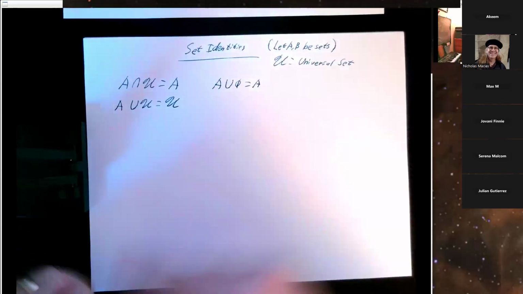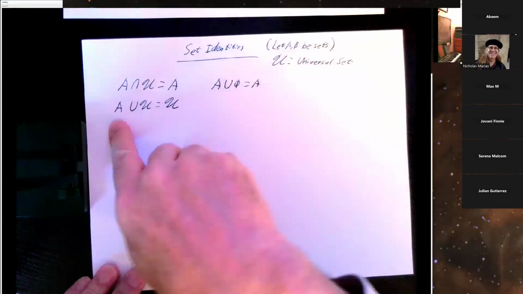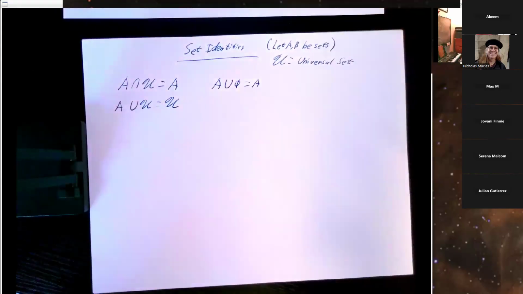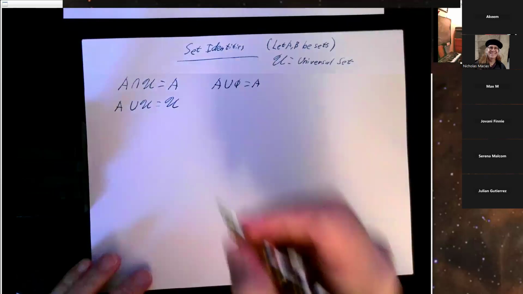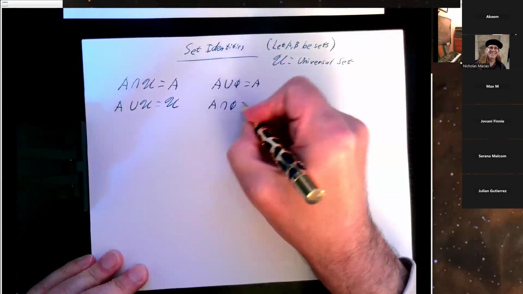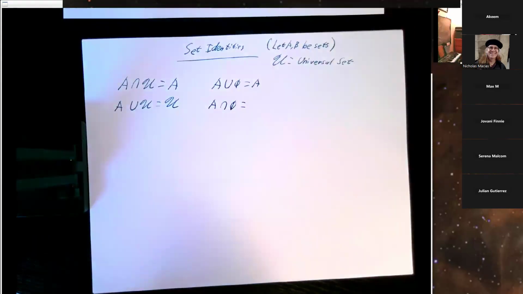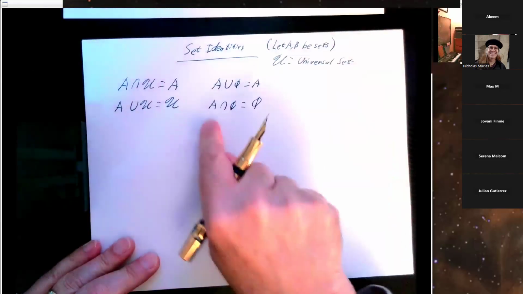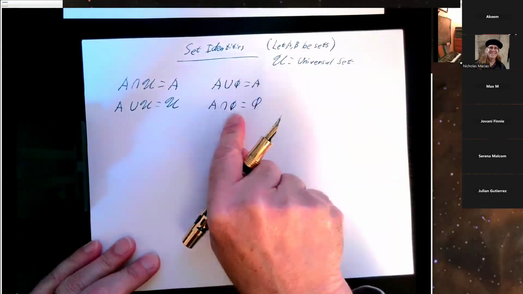Exactly, because this means give me everything that's either in A or in the entire universe. Well, that's the entire universe, right? That's what it means. And if we take A and we intersect with the empty set, what do we get? The empty set. That's the empty set, because we're asking for everything that's in A and also in this empty set.